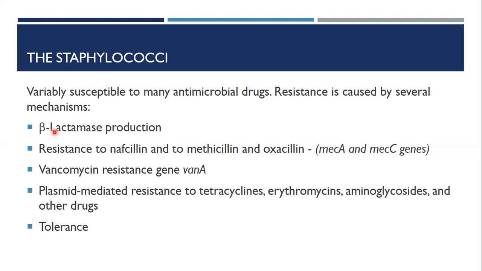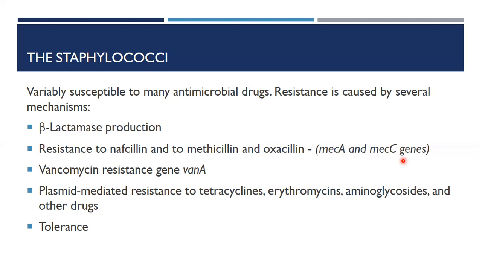Therefore, production of beta-lactamase, which is able to counter the effects of beta-lactam antibiotics, would mean that the organism becomes resistant to its effect. Examples of beta-lactam antibiotics are penicillin, a very common example, and also penicillin-based cephalosporins.